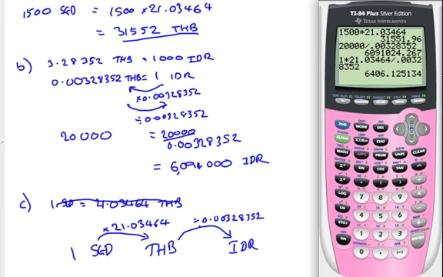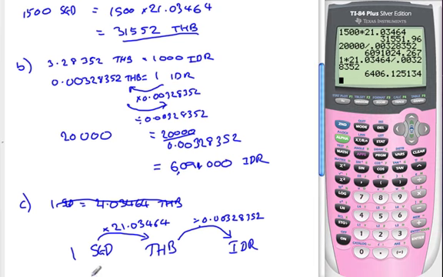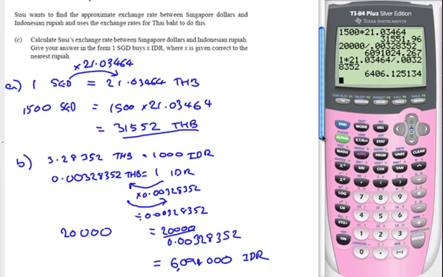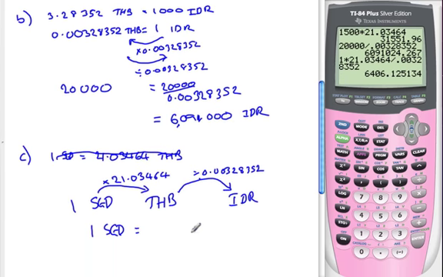Enter. Okay, so 1 Singapore dollar equals, and let's just check our accuracy here, to the nearest rupiah. Okay, so it's going to be 6,406 Indonesian rupiah. That's my value of X.